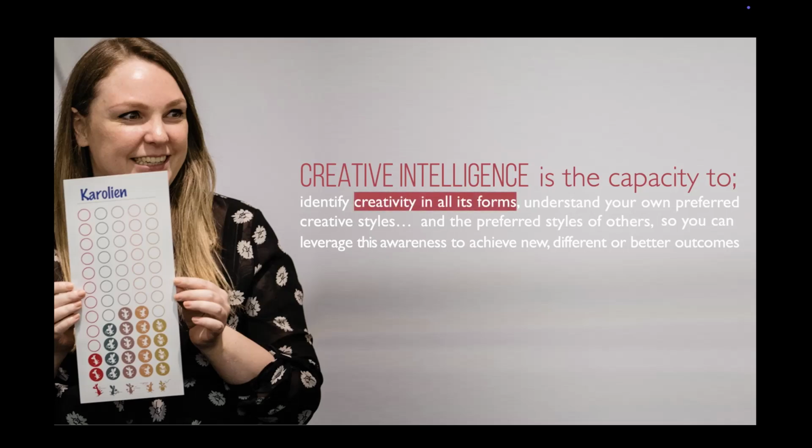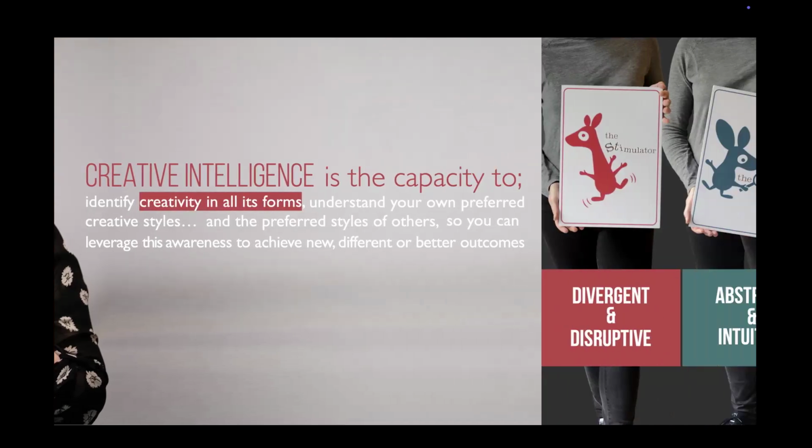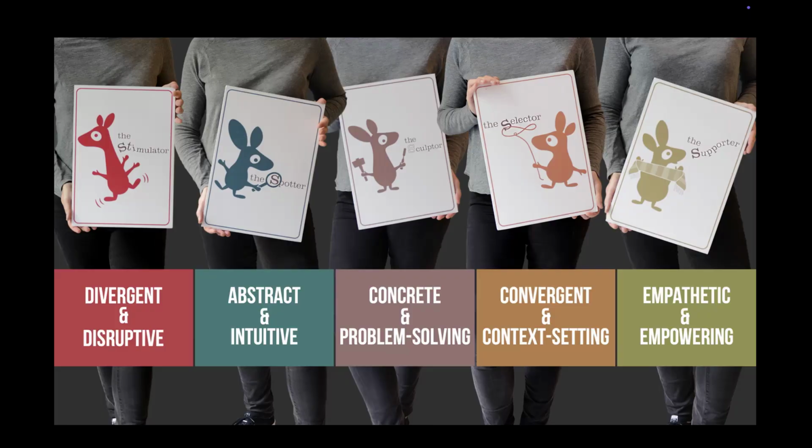Real brief, creativity in all its forms, a bit of a reminder of what that looks like. Well, we have identified through all our research 5 creative styles: stimulating, spotting, sculpting, selecting, and supporting. These styles complement one another.